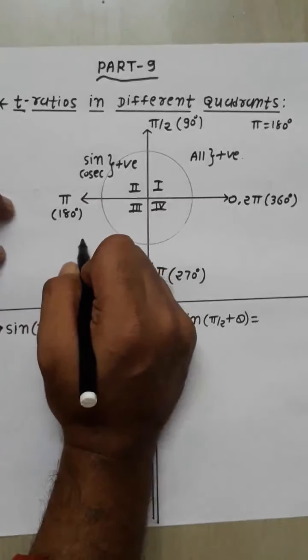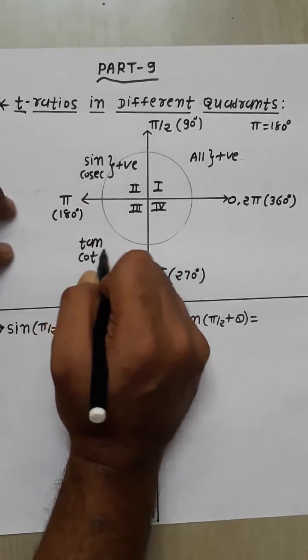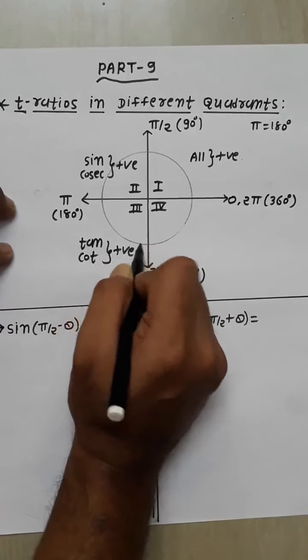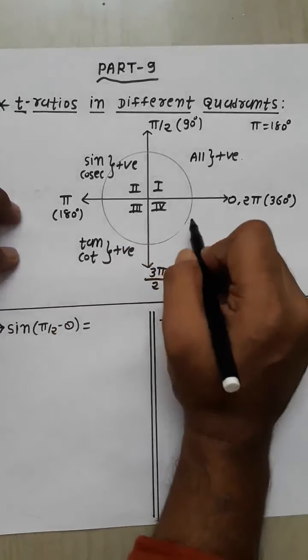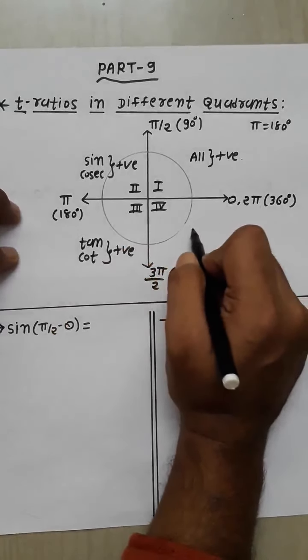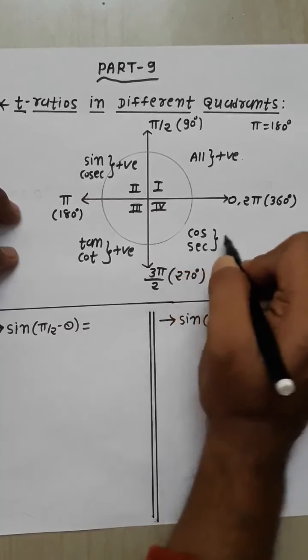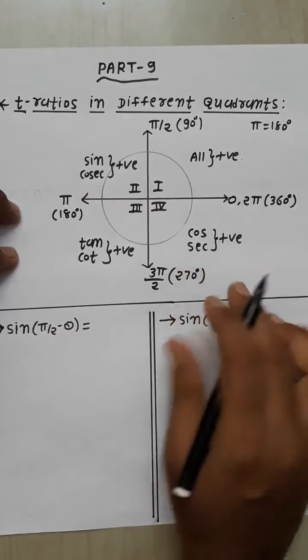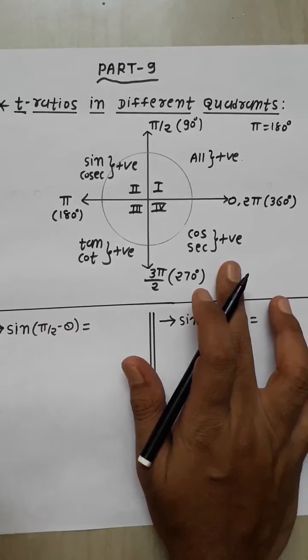In the third quadrant, tan and cot are positive, and the remaining 4 functions are negative. Same way in the fourth quadrant, cos and sec are positive, and the remaining 4 functions are negative.